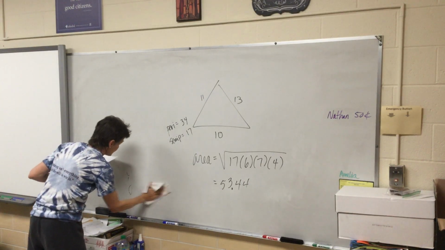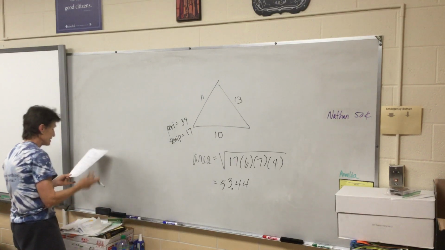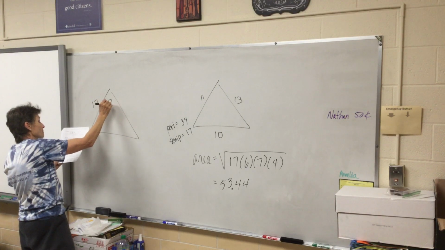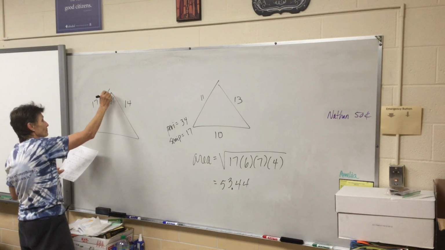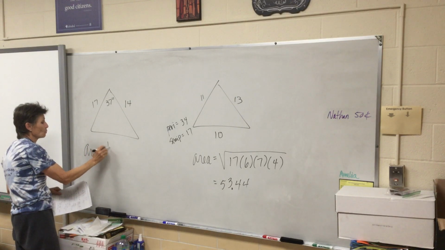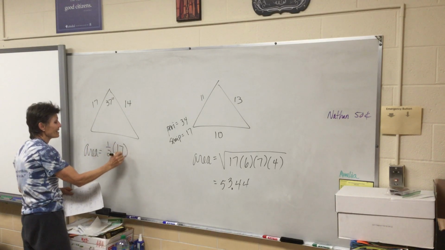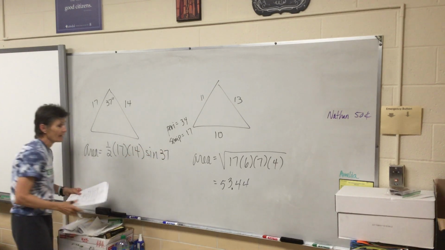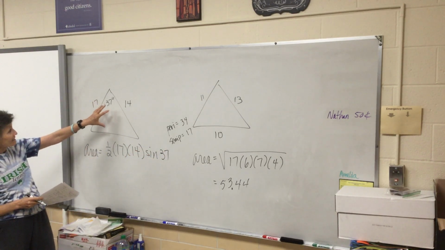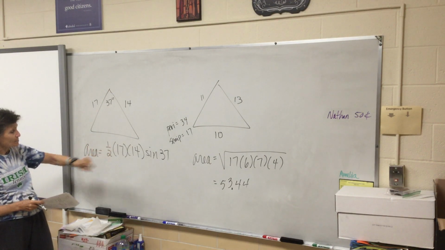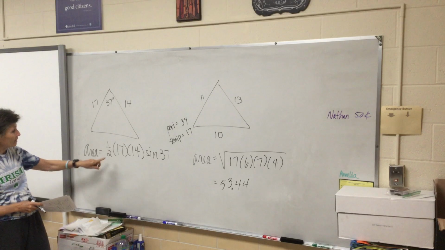It's not even as easy as the next one, though. The next one is another area problem, but this time you have this information. Area is 1/2 side times sine of included angle. When you have that set up, two sides and the angle in between, that's perfect for the area.